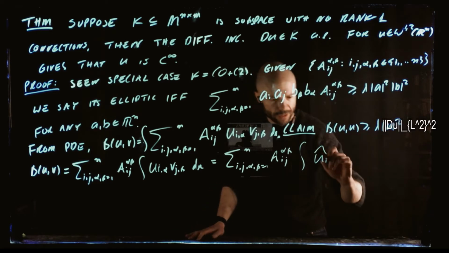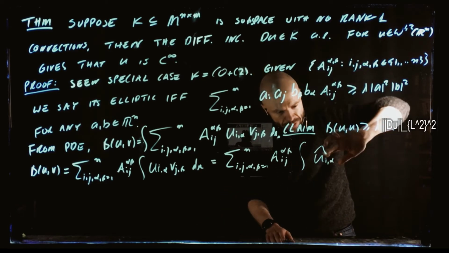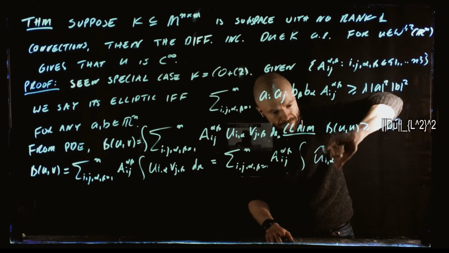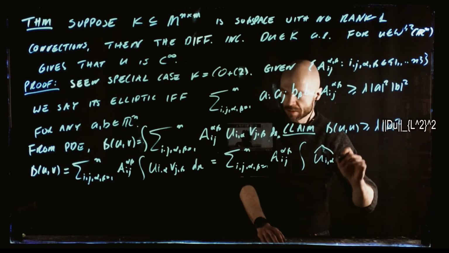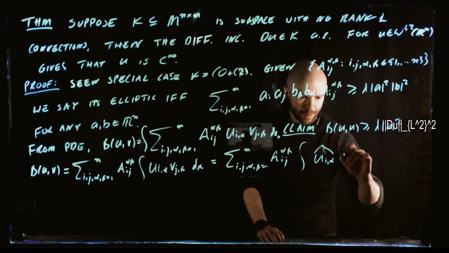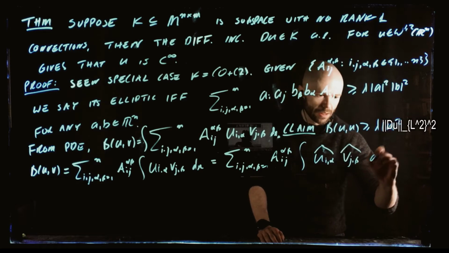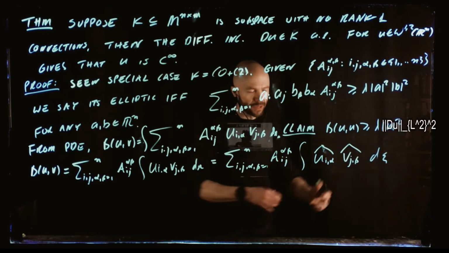So this is the Fourier transform of the ith coordinate with the α partial, so I'll make sure that the hat goes clearly over this partial like this. And now we're going to have the Fourier transform of v_j with the β partial, and now the integration with respect to ψ, which is the frequency variable.